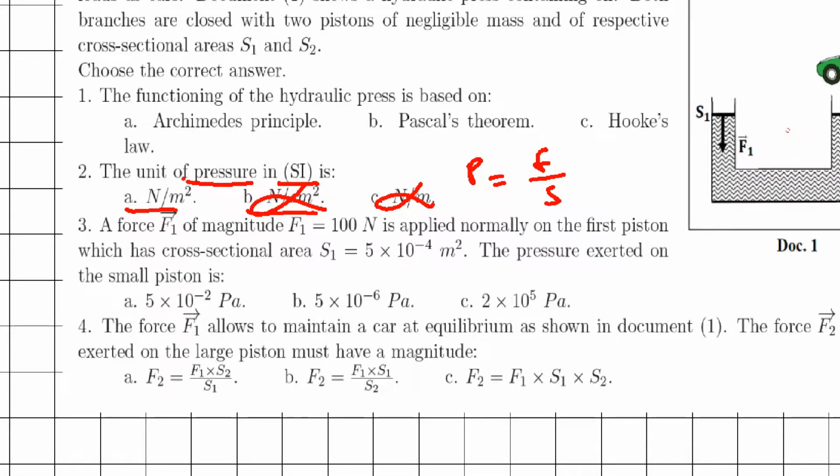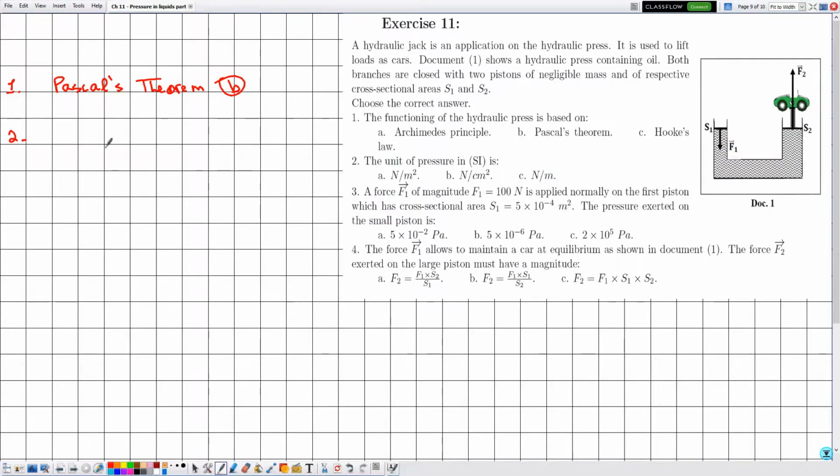The SI unit of pressure is Newton per meter square. So the correct answer in this case is A.